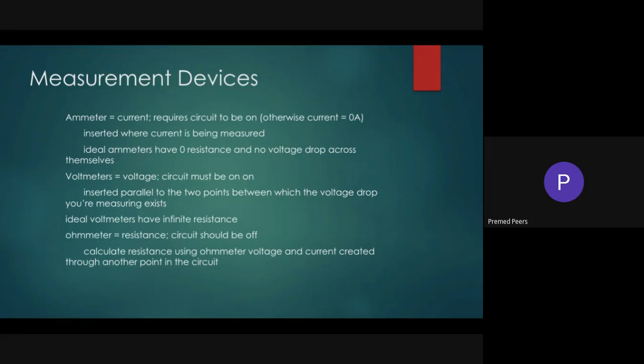And you just plug the ammeter in at the exact point you want to measure current for. And you want to have ideal ammeters that have 0 resistance and no voltage drop across them so that they don't change the property of the circuit itself.